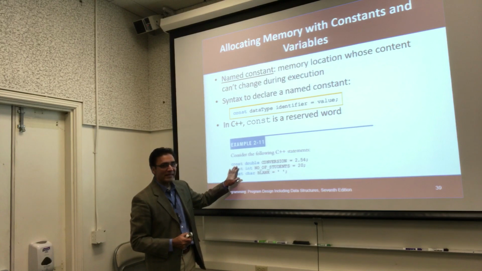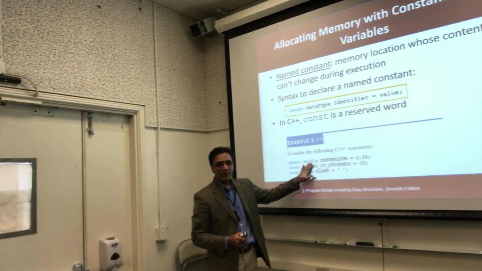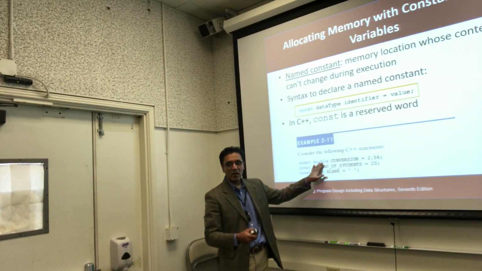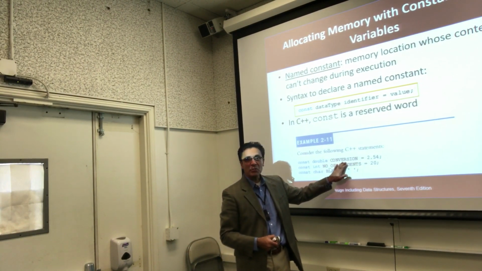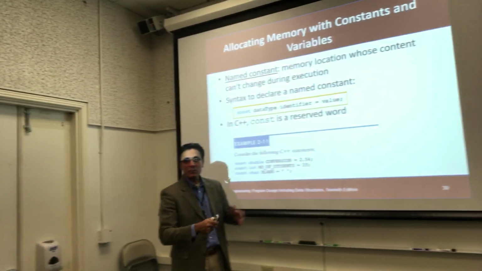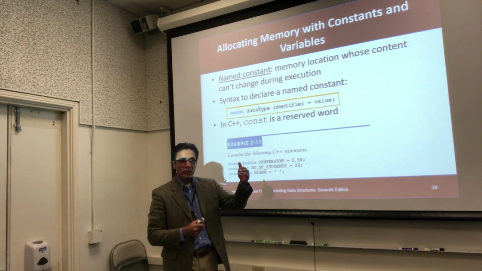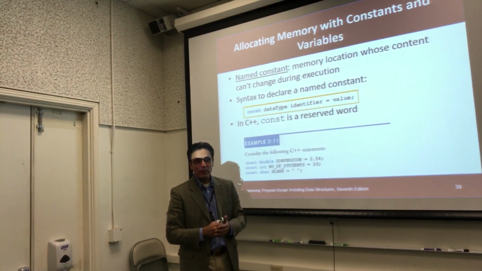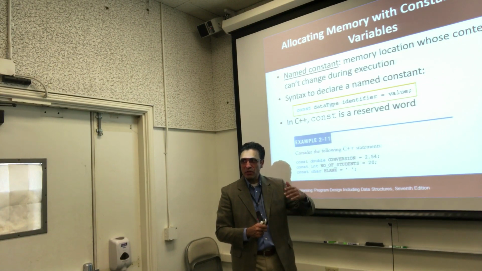You use the word const, C-O-N-S-T, const. And the data type, is it double, is it string, is it char, whatever the data type is. And normally the convention, a standard we use in programming, is that constants are uppercase, to differentiate them from variables. Variables can vary, they can go up and down, they can change.